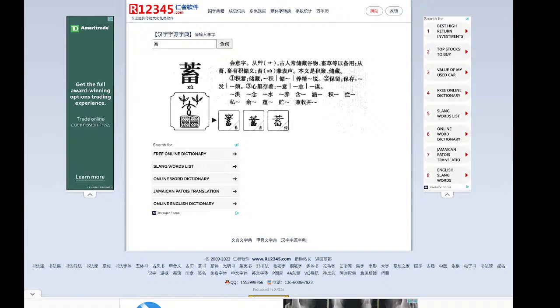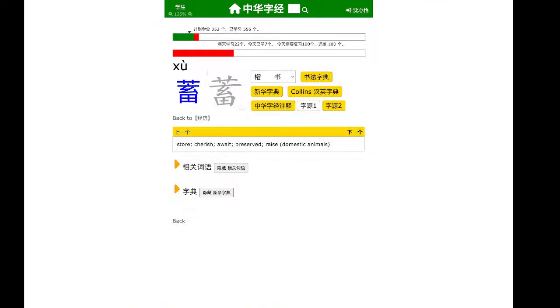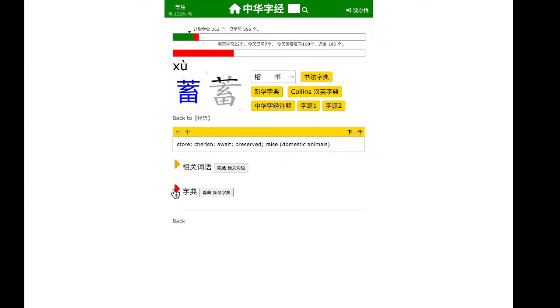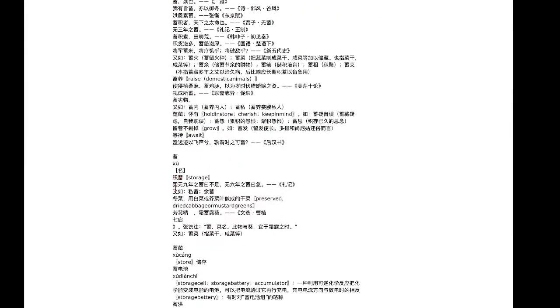Anyway, xu referred to livestock too, originally. Like 畜牧业, that means the industry of raising livestock. But most of the time we're referring to storage.